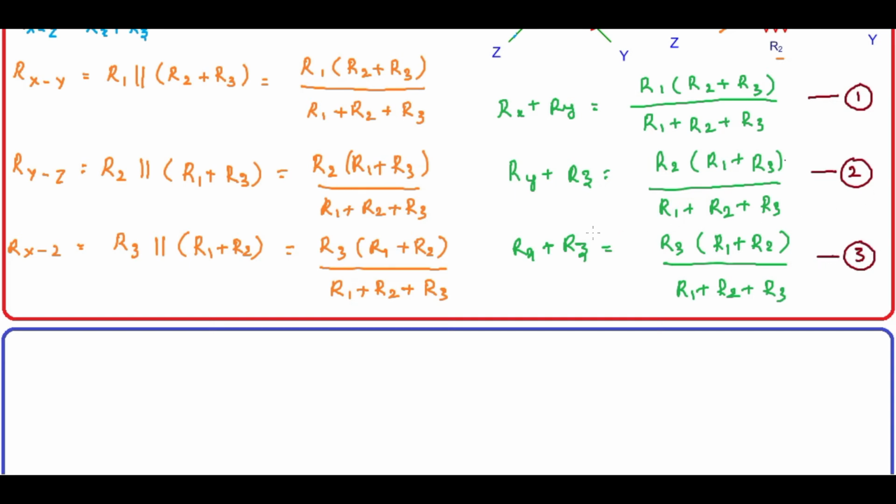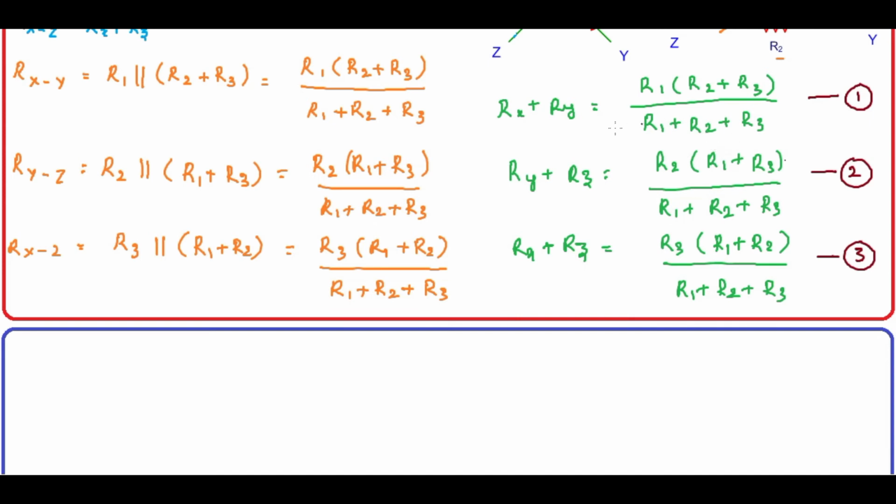Now our job is very simple. So how to handle these things? For example, if I take 1 minus 2, then Ry and Ry may cancel each other. So how can we get Rx, Ry and Rz independently?